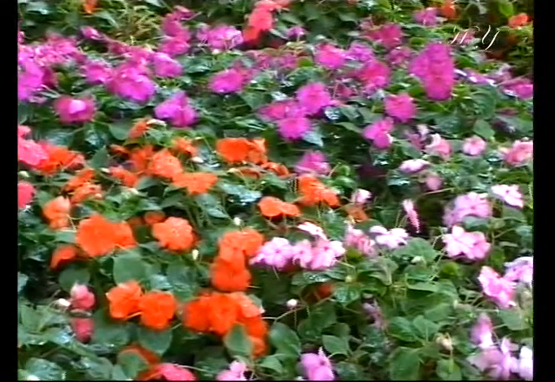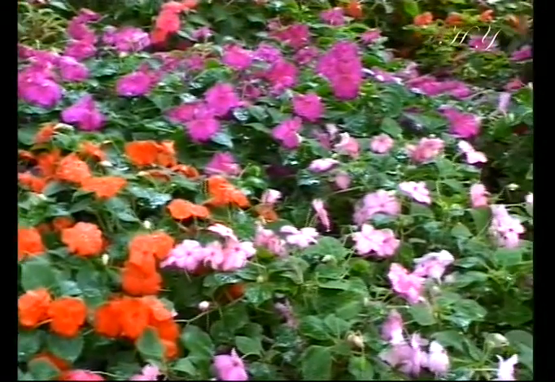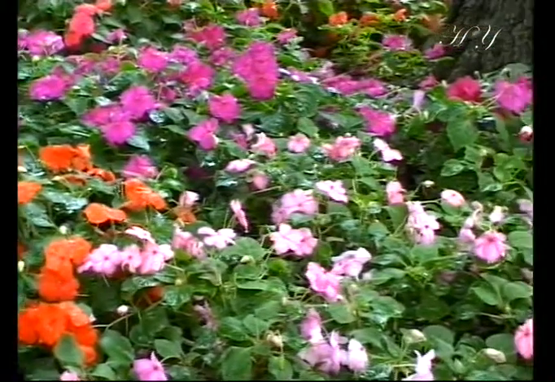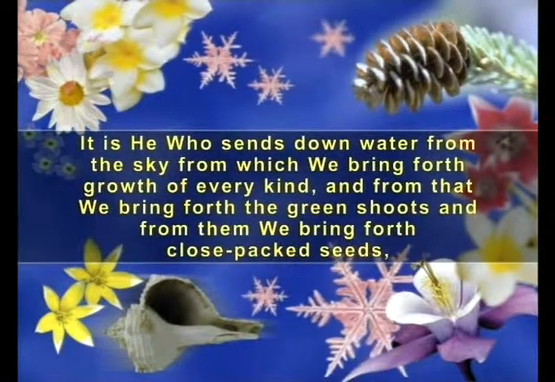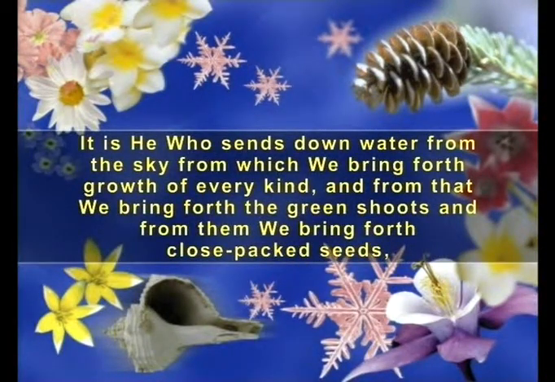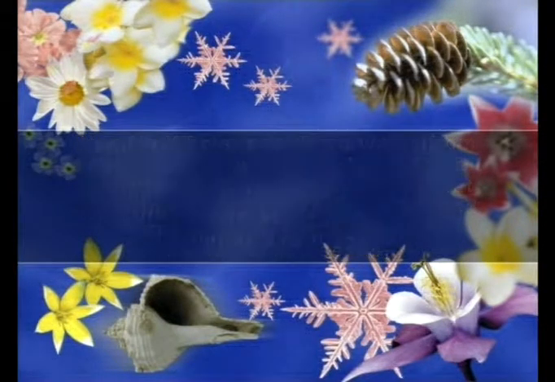The flawless creation of plants has been revealed in a verse from the Quran, and we are told that this is also important proof for believers. It is He who sends down water from the sky, from which we bring forth growth of every kind, and from that we bring forth the green shoots, and from them we bring forth close-packed seeds.